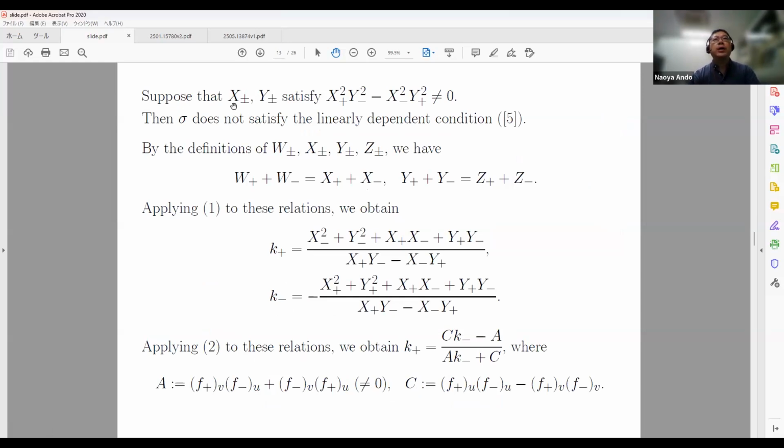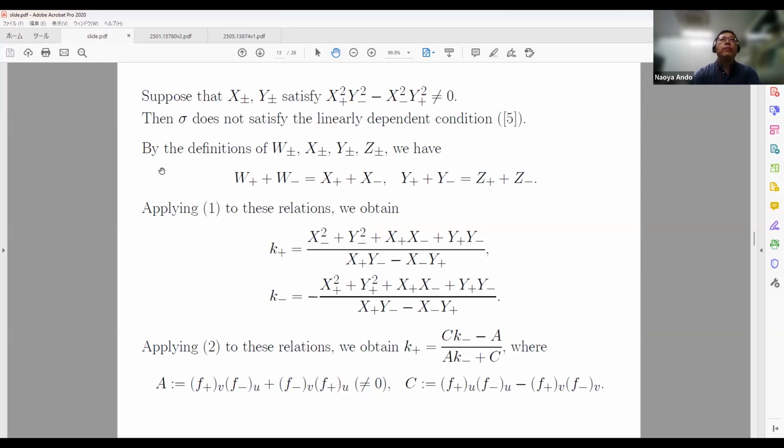Suppose that large X plus minus and Y plus minus satisfy this condition, this is not equal to 0. Then we can show that sigma does not satisfy the linearly dependent condition. So in this situation, the surface has no parallel normal vector fields.